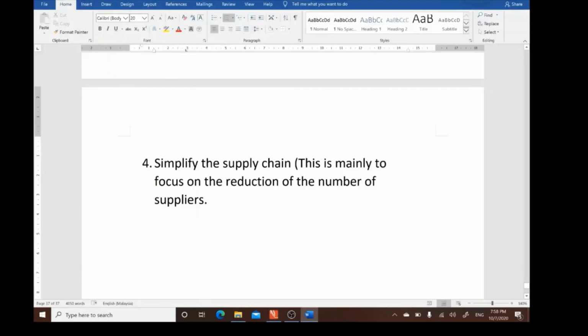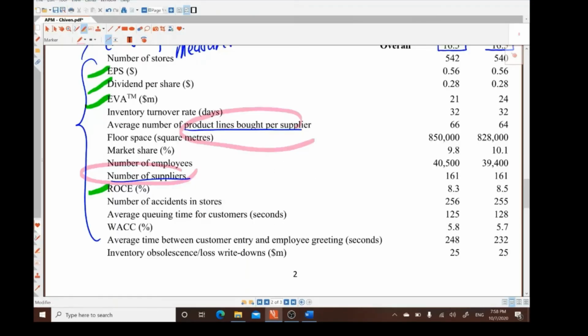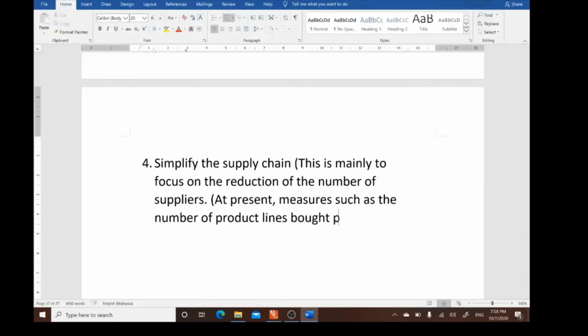And as a result, class, at present, measures such as the number of product lines bought per supplier is being given, and the number of the suppliers, can you see that? All right, are available. And these are all good measures for us to actually see.